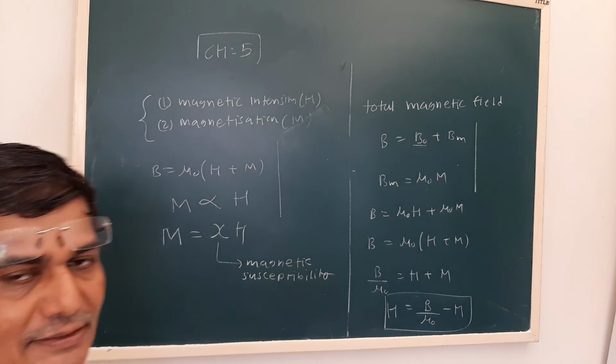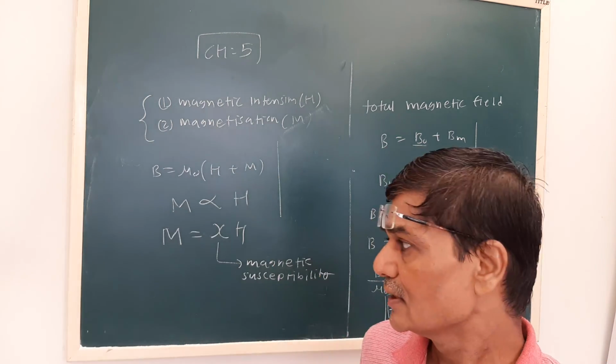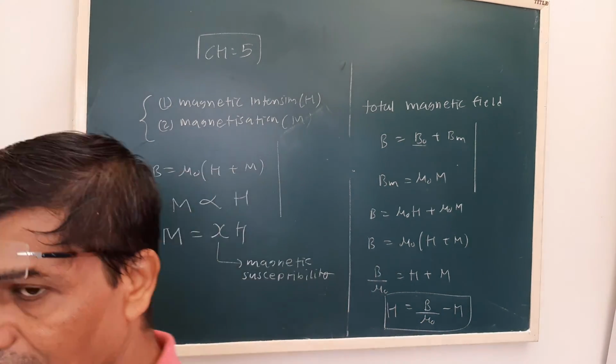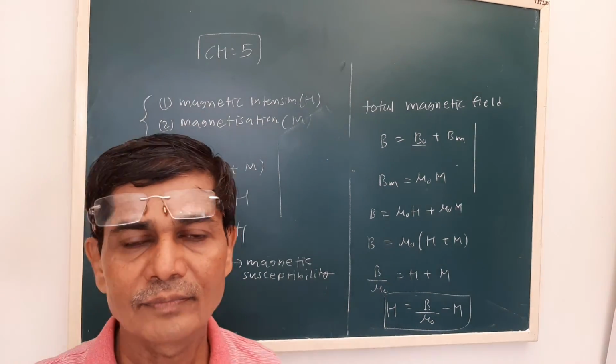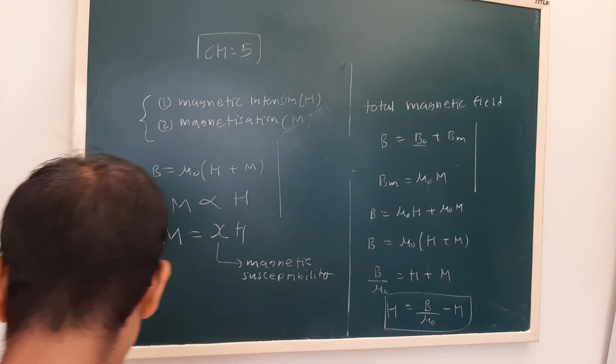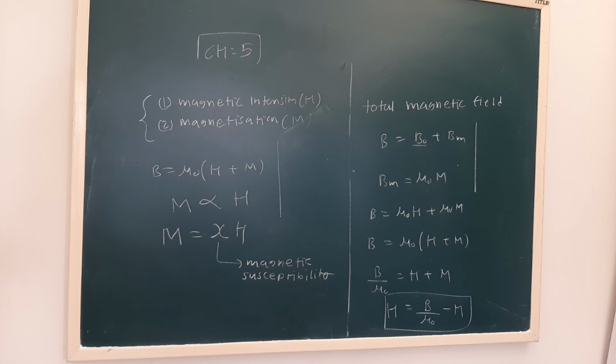Susceptibility is a word that has some meaning pertaining to or relative to. Here we are talking of the magnetic property, so that will be a constant representing the magnetic property of the material.